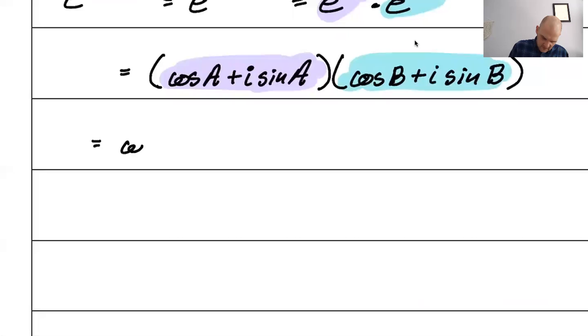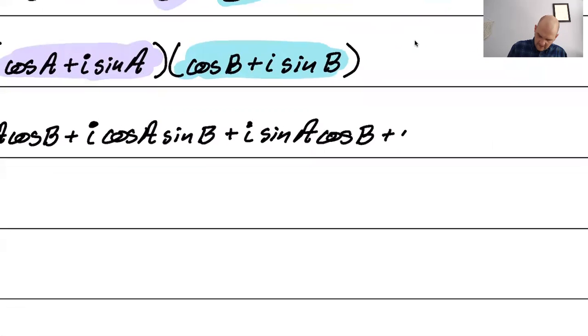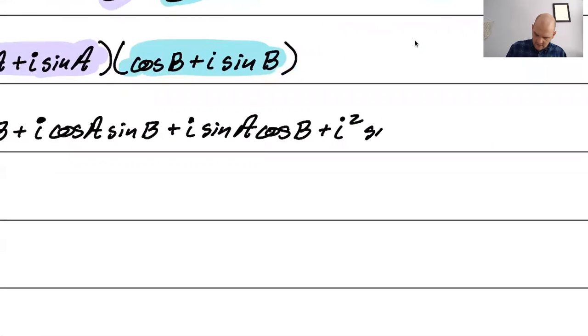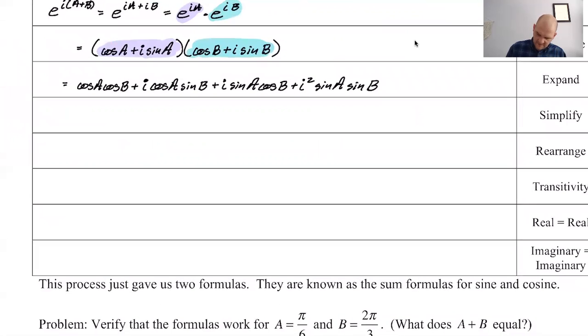So we're going to get cosine A cosine B plus i cosine A sine B plus i sine A cosine B, and then plus i squared, which we're going to have to do something about, and then sine A sine B. Okay, so that's just from expansion.